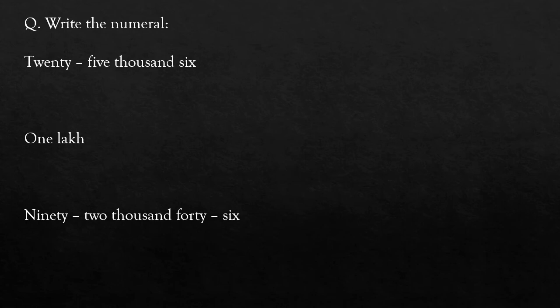In the next question, we have to write the numeral. So first number name given to us is 25,006. 25,000 means we have 2 and 5 in thousands period. So 2 at 10,000 place, 5 at 1000 place. Then we have 6. Which places are missing here? We know that places are ones, tens, hundreds, thousands, 10,000.